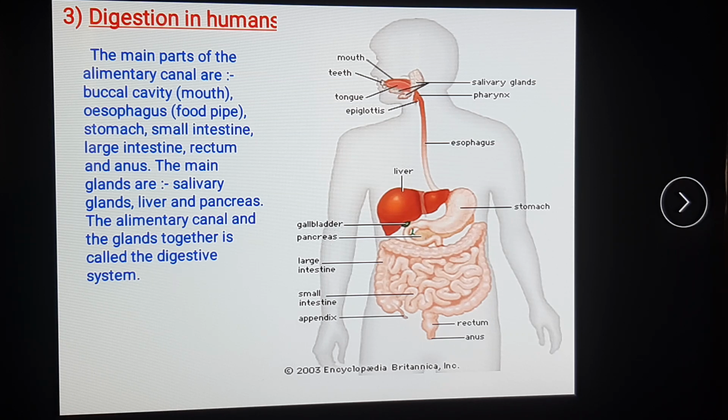The main glands are salivary glands, liver, pancreas. These are the three main glands which are present in the body in the digestion in humans. The alimentary canal and the glands together are called the digestive system. So here in the diagram you can see properly.